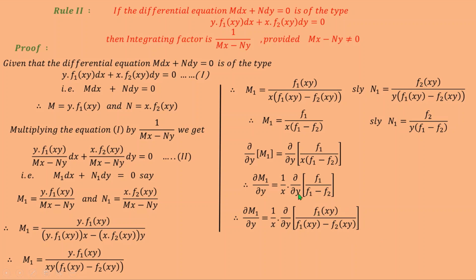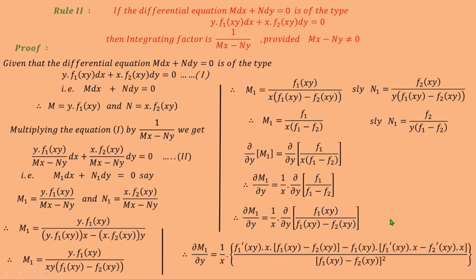Here we have to find the partial derivative with respect to y. Numerator as well as denominator contains y, so we should use the derivative of u upon v formula. And so del M1 by del y is equal to this 1 upon x as it is. First take the derivative of f1 of xy with respect to y, which is f1 dash xy into the derivative of xy with respect to y, which is x.